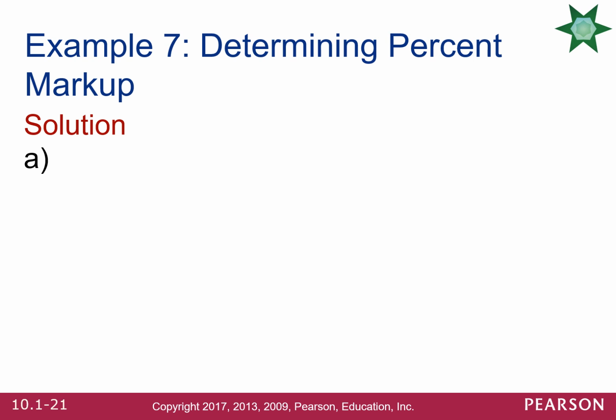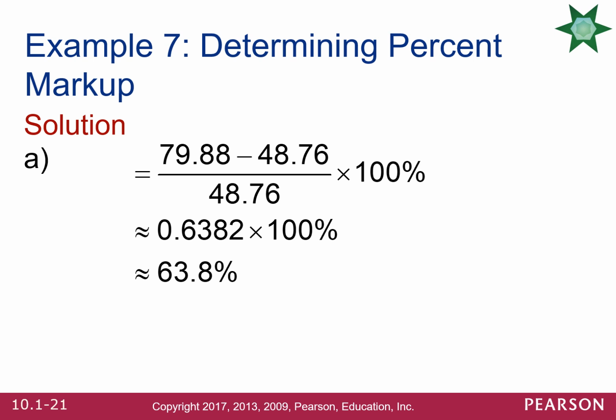So here we are solving part A of the problem. Again, the formula was selling price minus cost price over cost price.